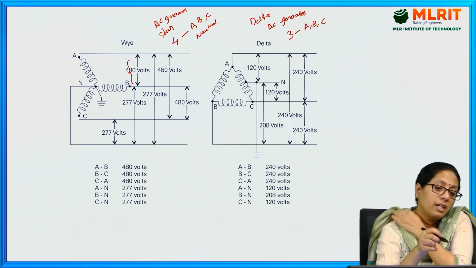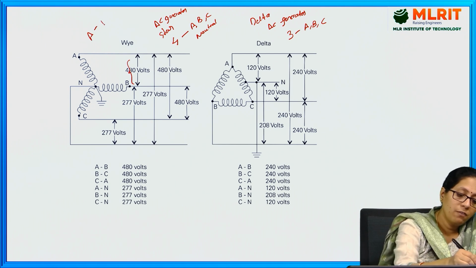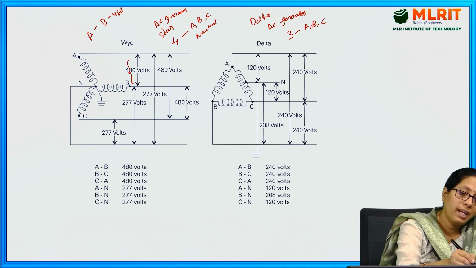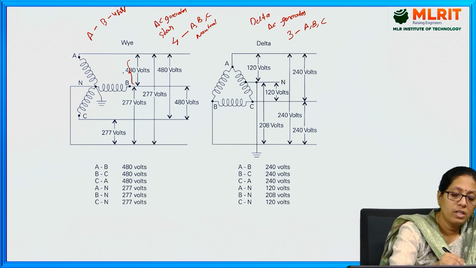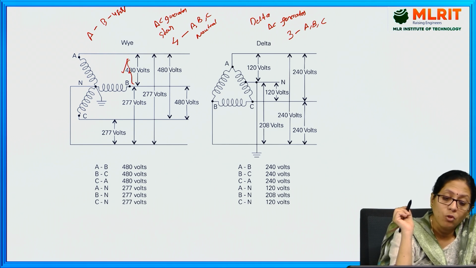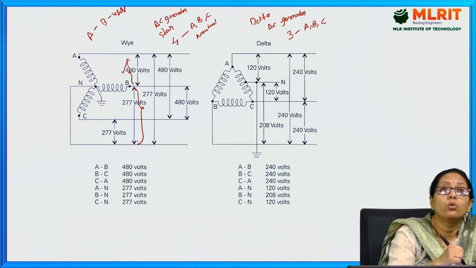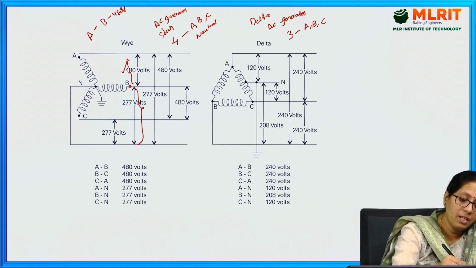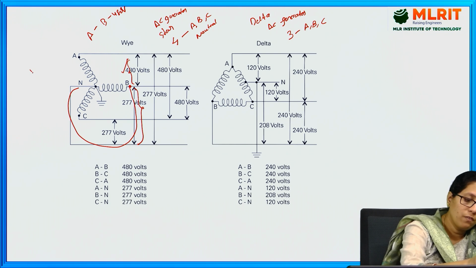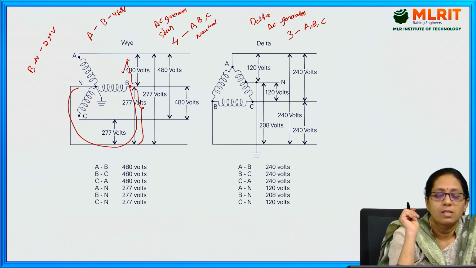So here the voltage between phase A and phase B is 480 volts. And the voltage between phase B and neutral is 277 volts. So the voltage differs.